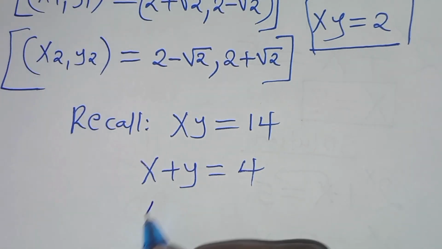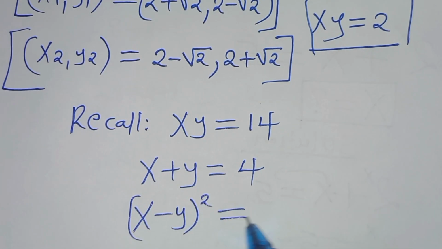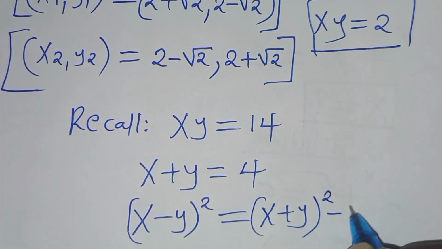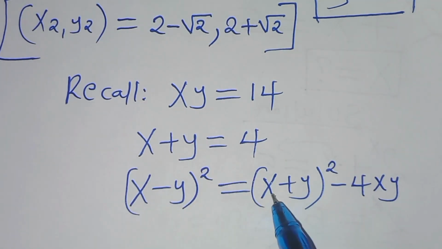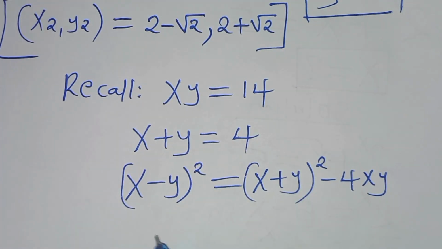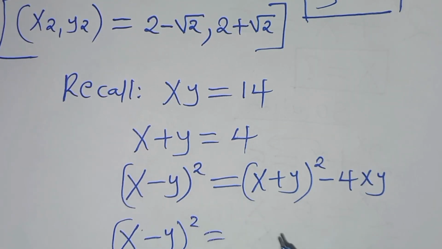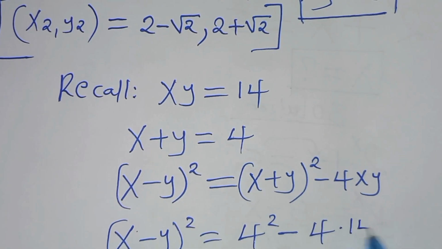And given that (x minus y) squared is equal to (x plus y) squared, subtract 4 times xy, we have that x plus y is equal to 4. We have that xy is 14. So let's substitute here. (x minus y) squared is equal to 4 squared minus 4 times 14.